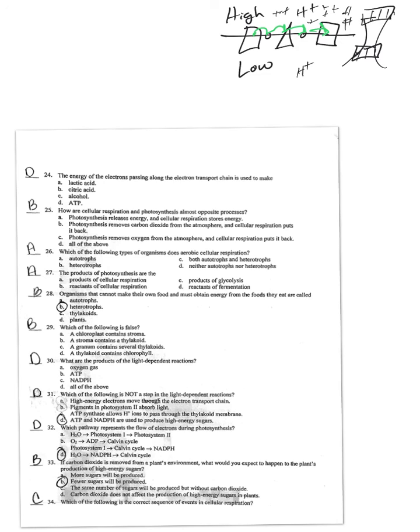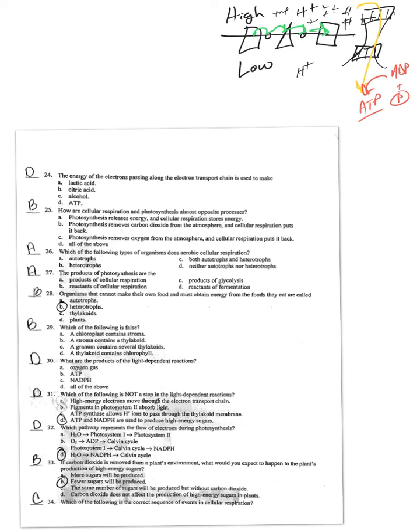But that energy, those hydrogen ions are going to move quickly through the ATP synthase, and then what that's going to do is it's going to take ADP and inorganic phosphate, and it's going to make ATP, right?